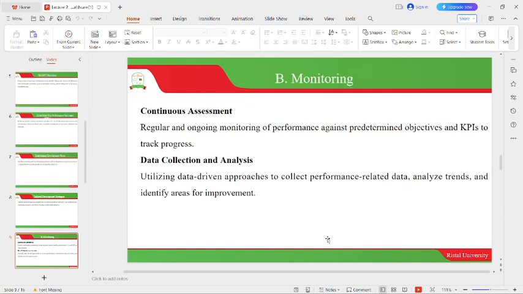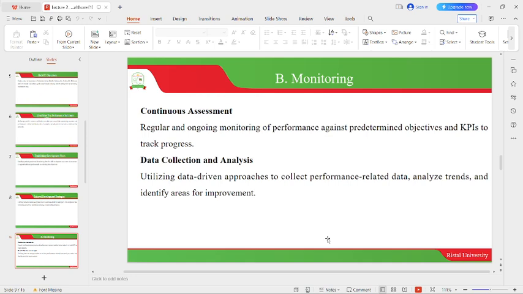So the next stage in managing performance of doctors, nurses, midwives, is monitoring. So you have already planned, you have set the objectives, you have identified the performance indicators, etc. Now the next thing is to monitor. So under monitor, we do what we call continuous assessment.